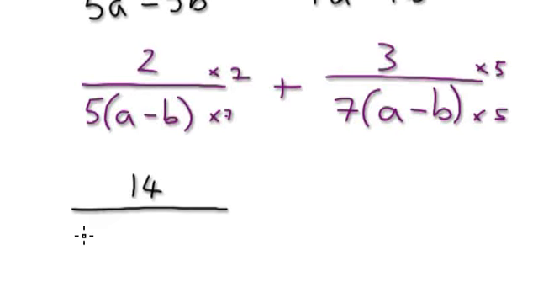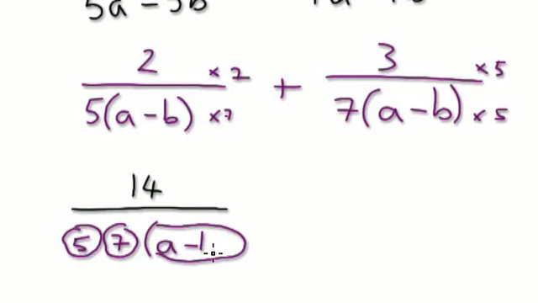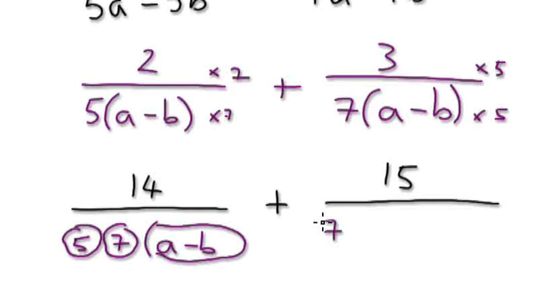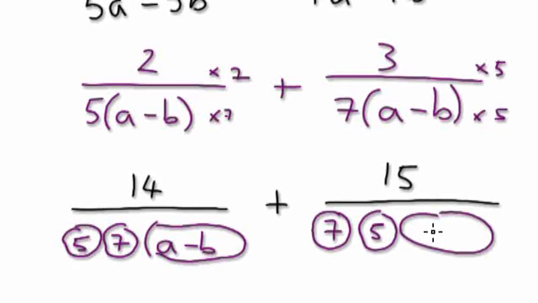The bottom one, you can imagine it as 5 times 7, and then you've got this bubble here, which is a minus b. Okay, and then you're adding it to now 3 times 5 is 15, and then here you've got the 7 here, and the 5 here, and then the bubble here, which is this. Can you see the two denominators are the same?